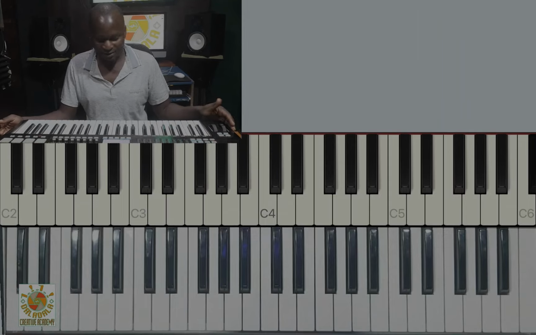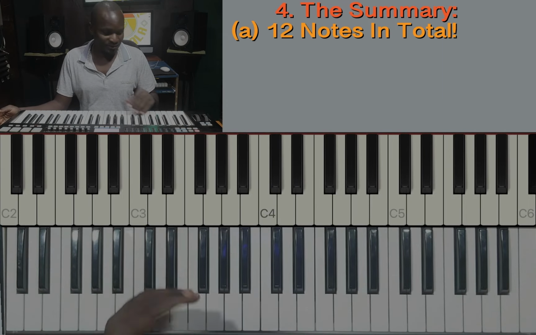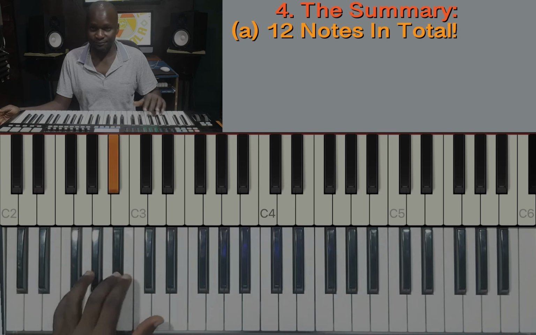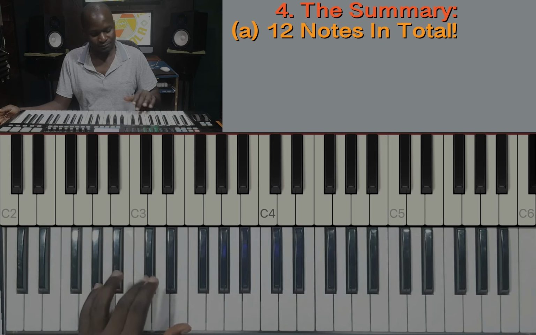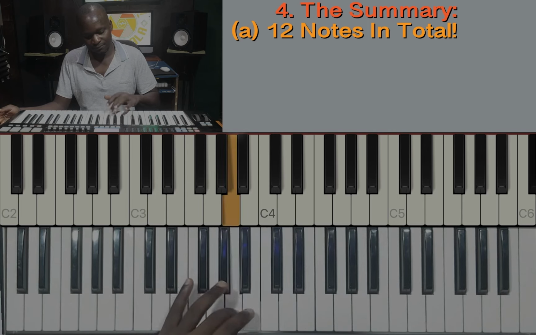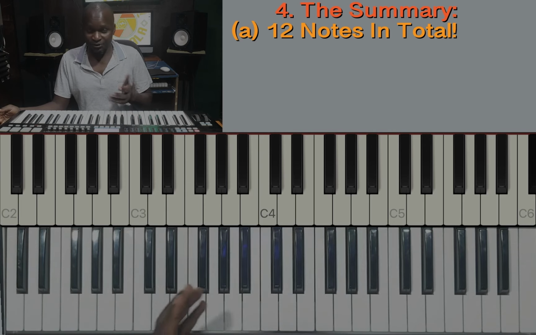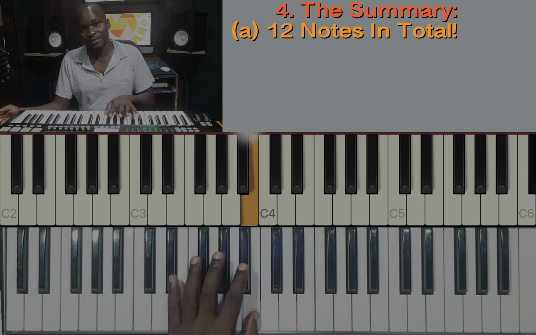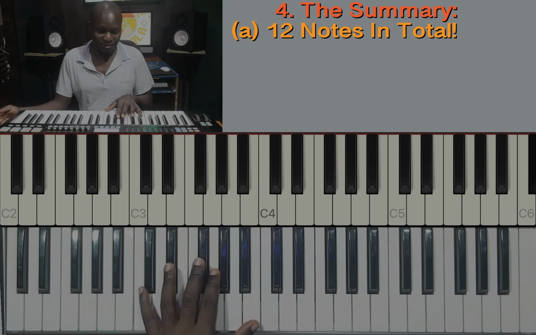Probably you can look at it from where you're standing, whether viewing it from this side going down or this side going up. Briefly, there are 12 keys in total. So from C to B, we have 12 pitches to consider, or notes.